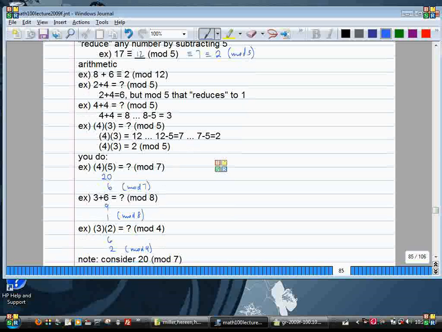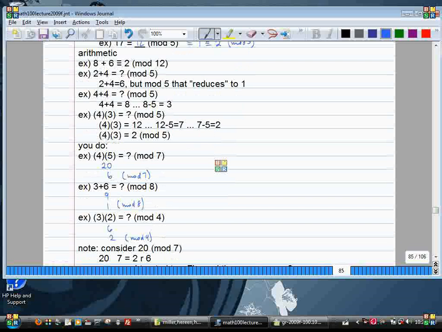So, a quick comment. In that first example y'all just did, one of the things you had to work out was what is 20 mod 7? Well, 20 divided by 7 equals 2 with a remainder of 6.